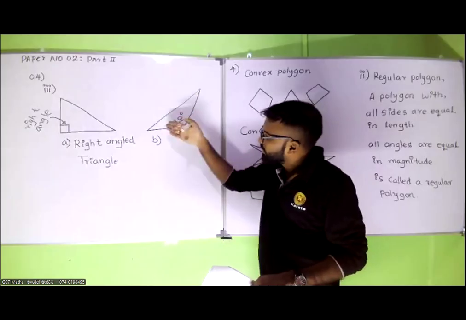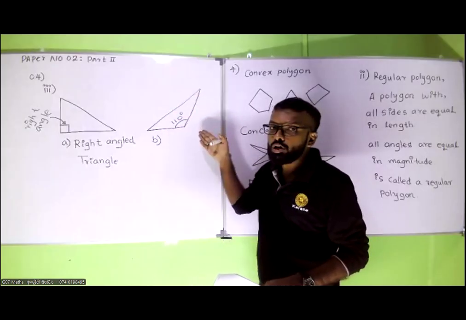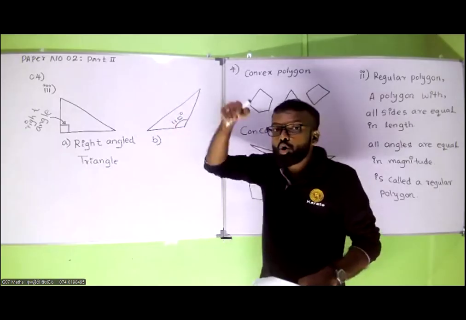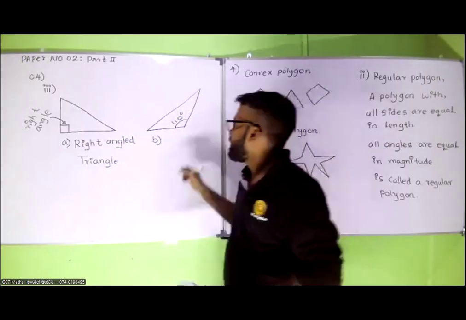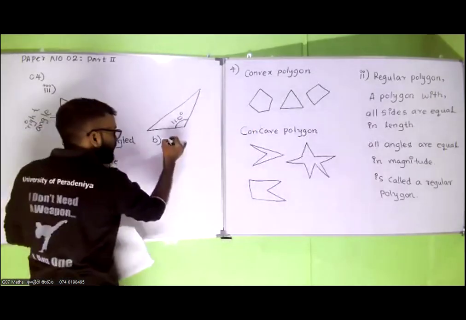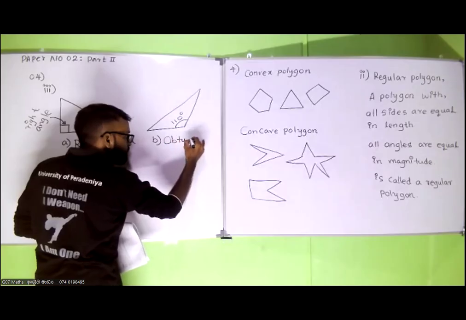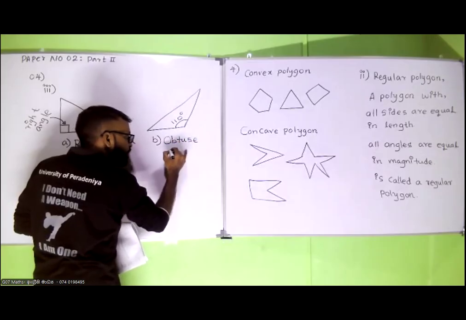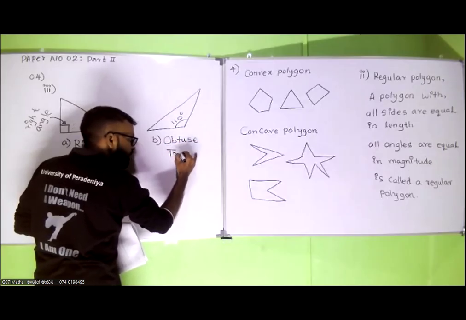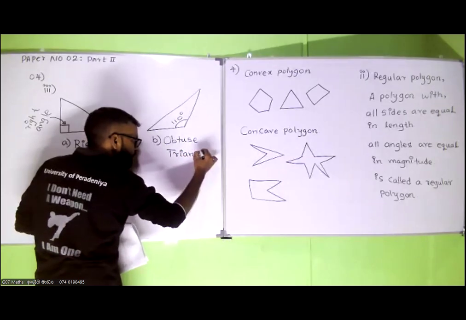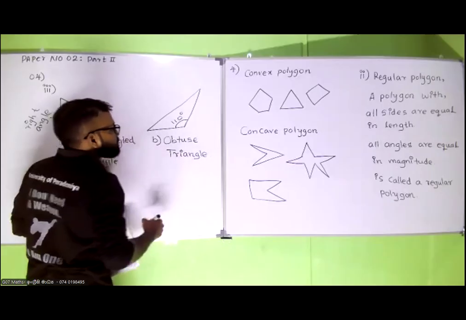So we can say this triangle is called an obtuse triangle because it is having an obtuse angle.